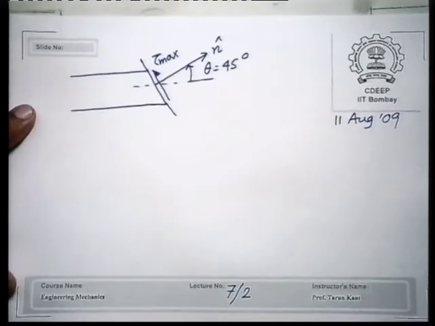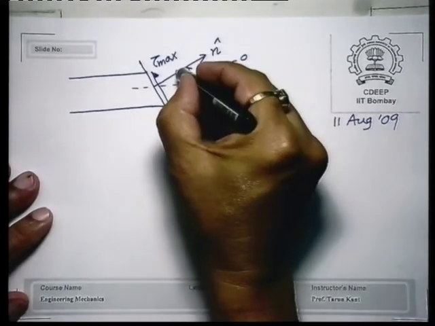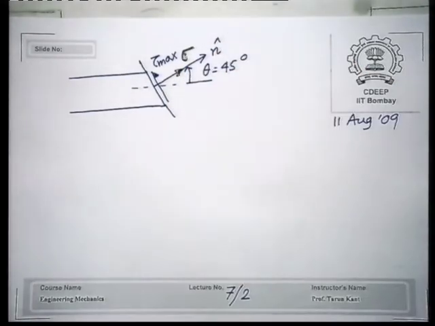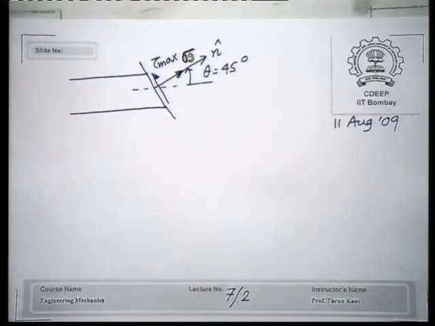What is the value of sigma theta on this plane? Just substitute the value 45, cos 45. So, P by 2A, or sigma x by 2.